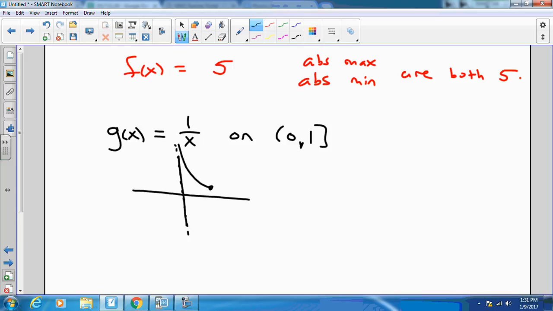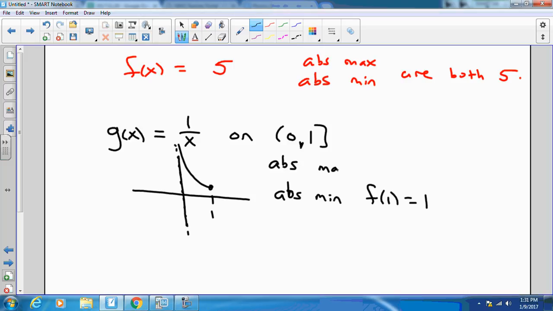Okay, so here comes my function with a nice vertical asymptote. What is the absolute minimum value of the function? 1. And it occurs at x equals 1.